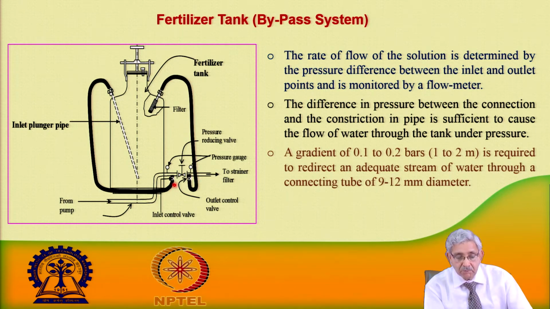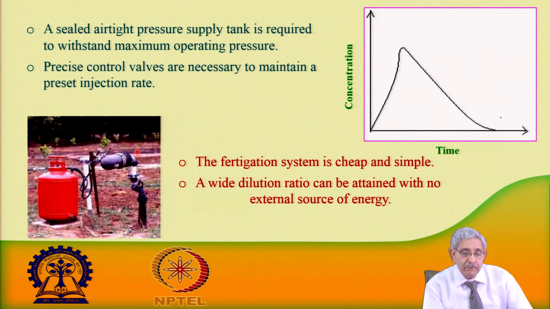So, it should be more than the pressure inside the tank. The tank should withstand that pressure, and precise control valves are necessary to maintain a preset injection rate. So, the amount of water entering the tank and the amount of fertilizer coming out of it, that is the rate of injection, can be maintained.